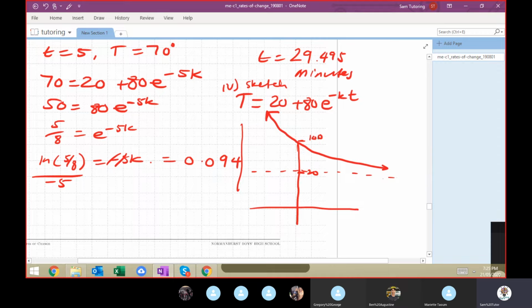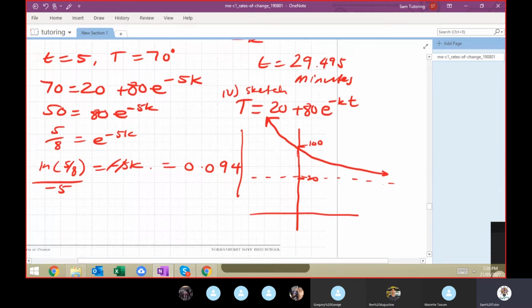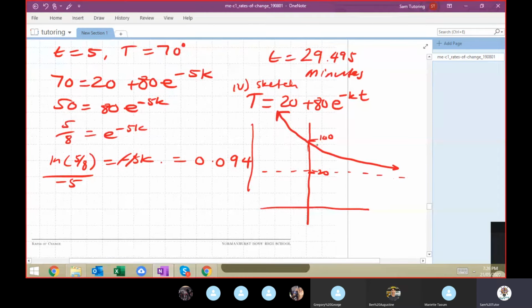Wondering how I knew that that's 100? You can just sub in time is 0. e to the 0 is 1. 80 times 1 is 80. 80 plus 20 is 100. So you'll just get 100 there. That stuff's easy. And as you can see, it makes sense.